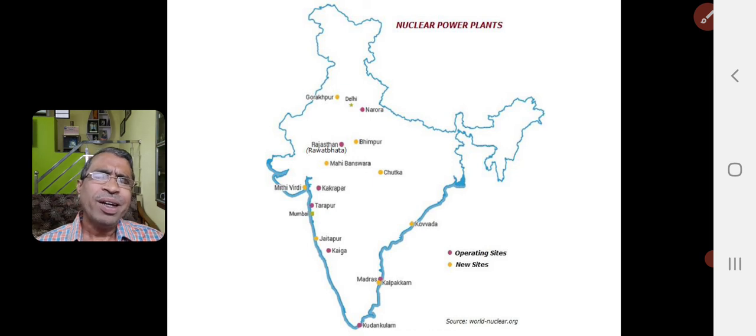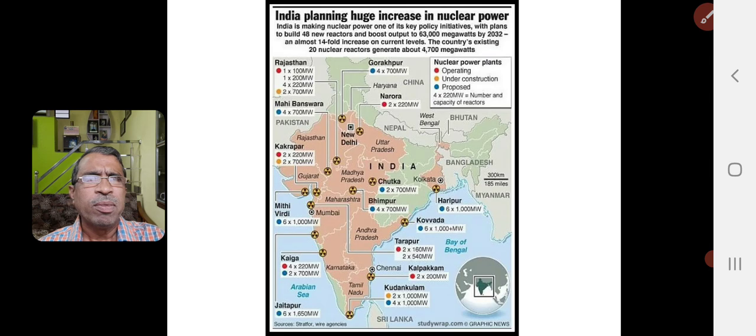This is a diagram showing where these nuclear power plants are situated in India. All research reactors are situated in only one place, the Bhabha Atomic Research Center. India is planning a huge increase in nuclear power.